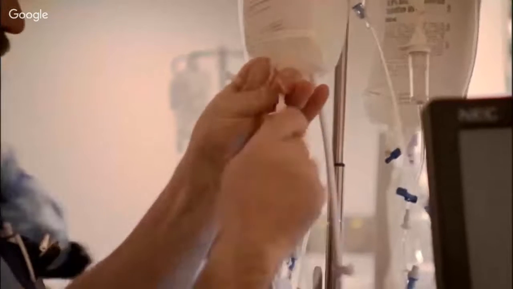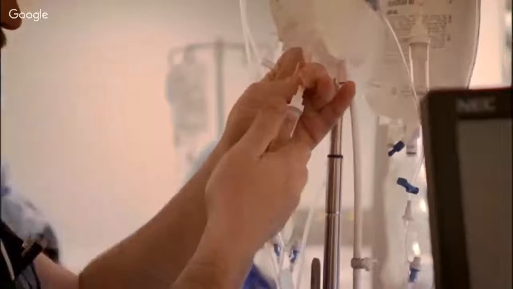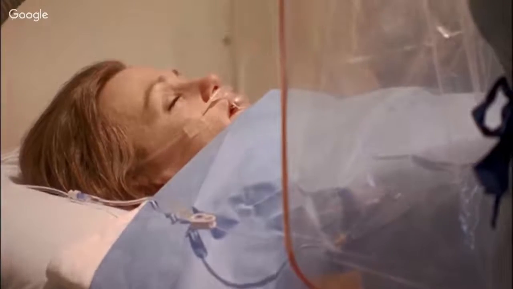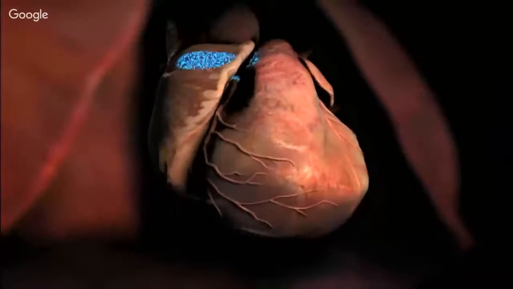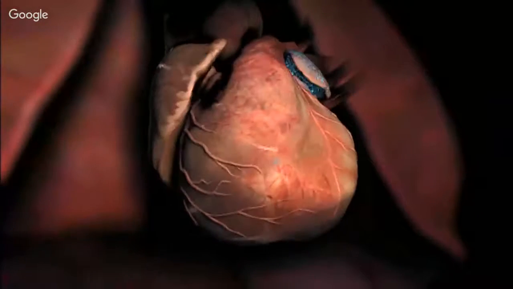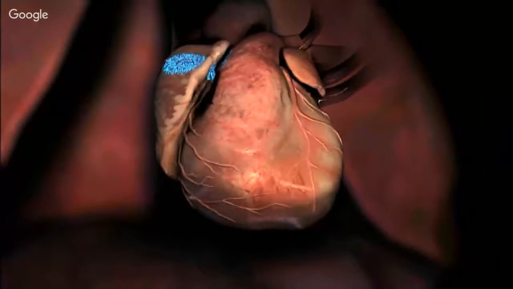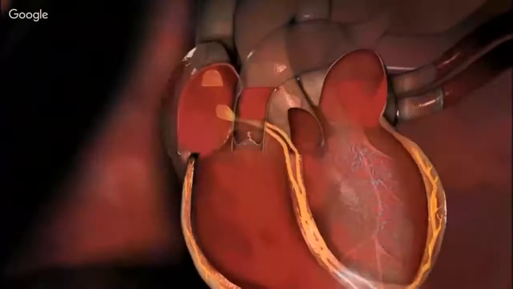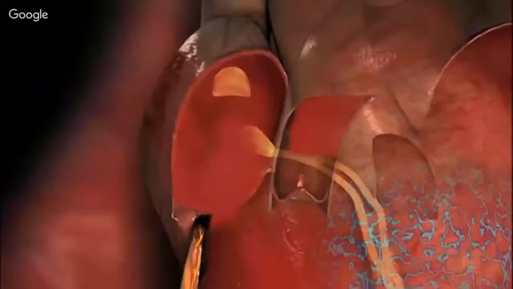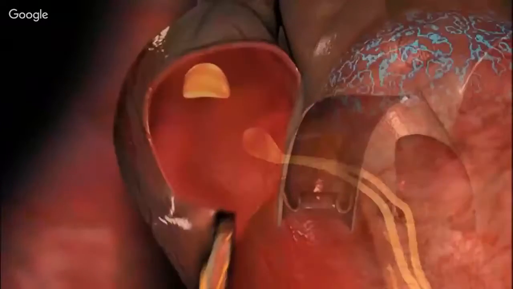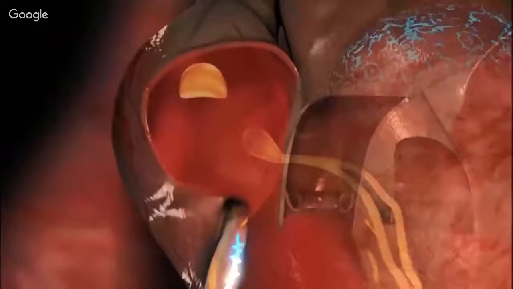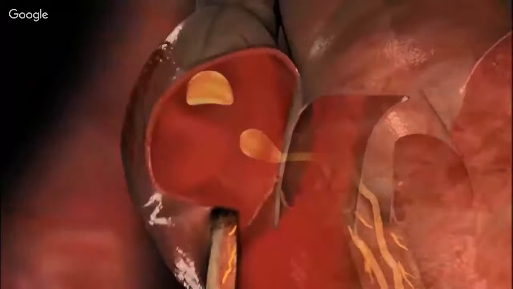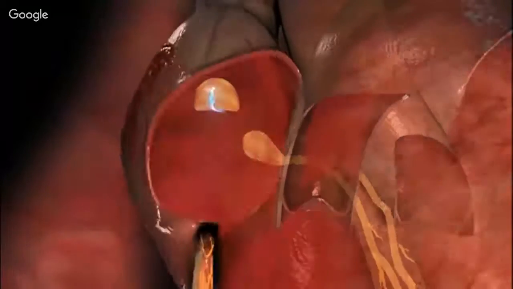Doctors will now try to reorganize Susan's heartbeat and restore its natural rhythm. The normal heartbeat is a lightning-fast game of follow the leader. The leader is a tiny bundle of fibers located in the upper wall of the heart called the sinus node. Most cells in the heart wait for a message that comes from the sinus node that says fire.